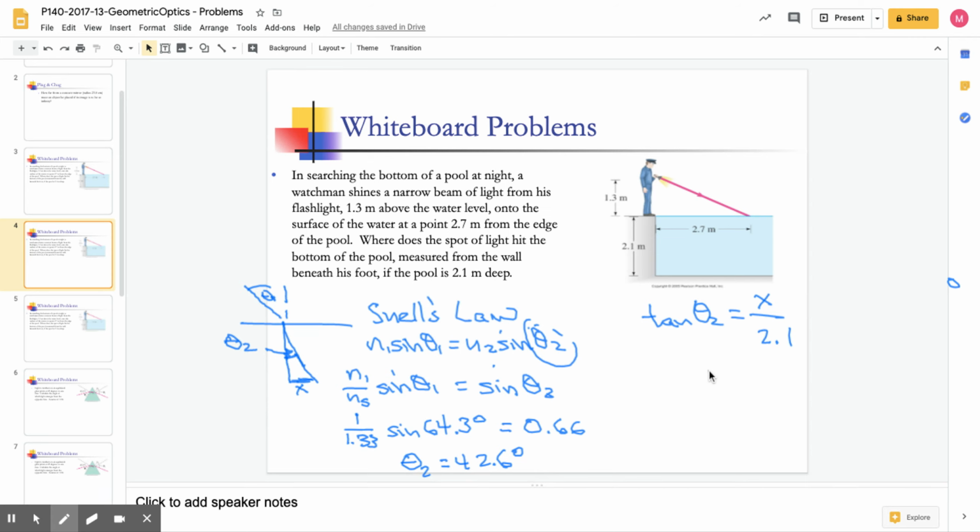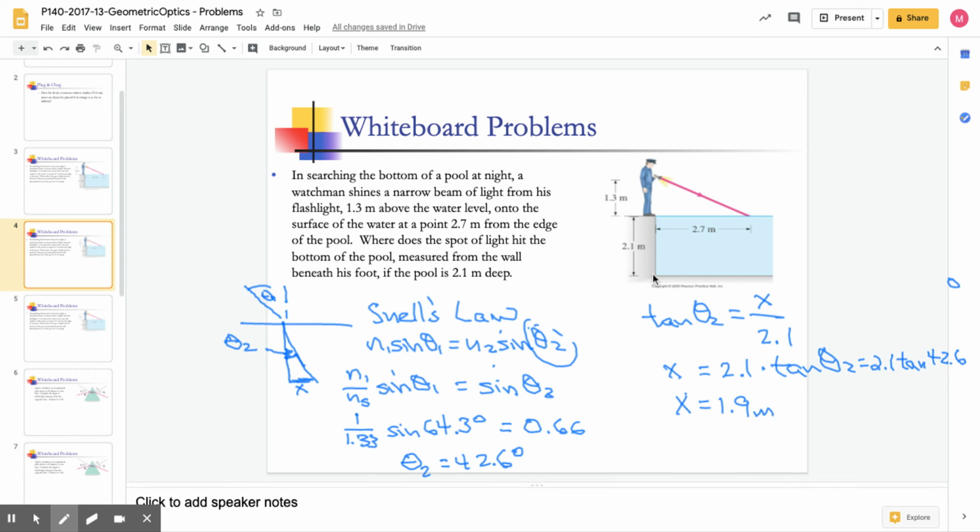So x is equal to 2.1 times tan of 42.6, which is 1.9 meters.